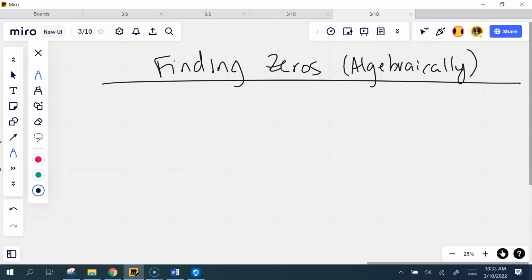When we have an equation and we want to find the zeros, does anybody remember what we do? Yeah, like an equation, not a graph, but an equation. We set that equation equal to 0.